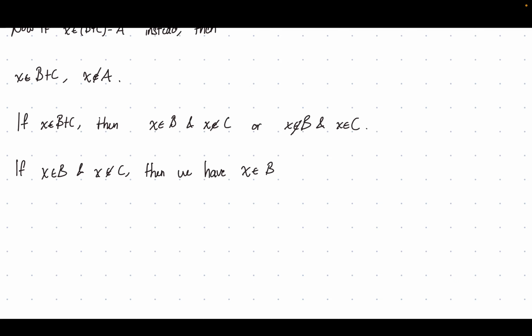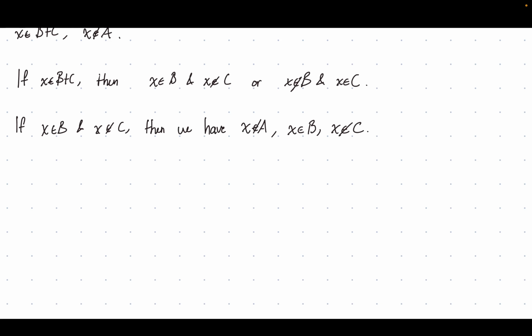So if x is in B and x is not in C, then we have x is not in A, x is in B, x is not in C. Okay, so x is in B minus A, which implies that x is in B plus A, which implies that x is in A plus B by lemmas 2 and 1.